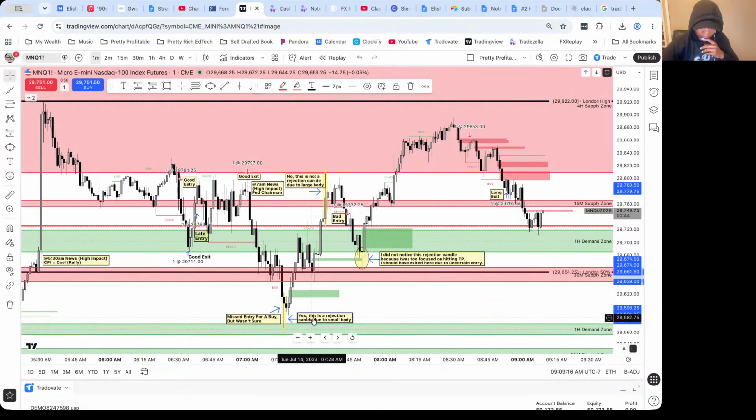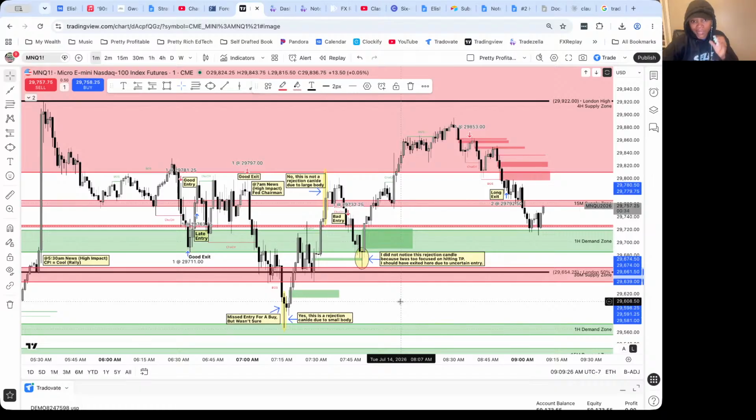The only thing that I was unsure about is I didn't know if this was a rejection candle, because it's not going in the opposite direction. So, does the rejection candle matter in color?